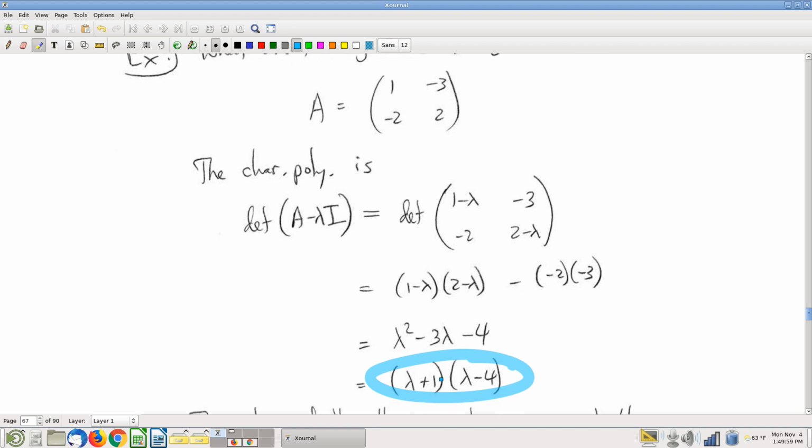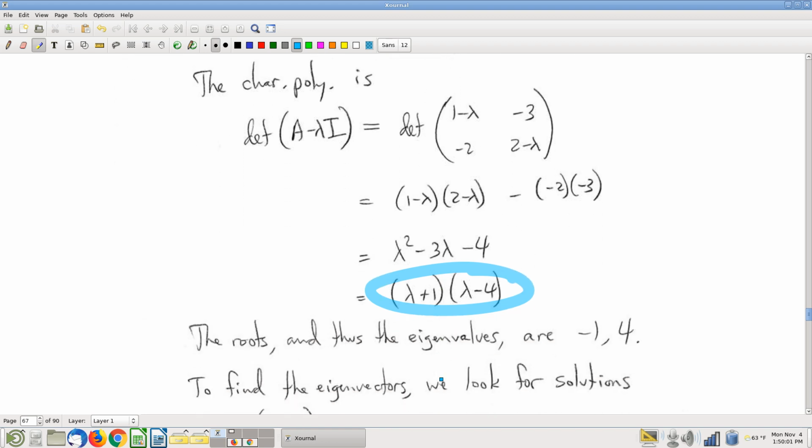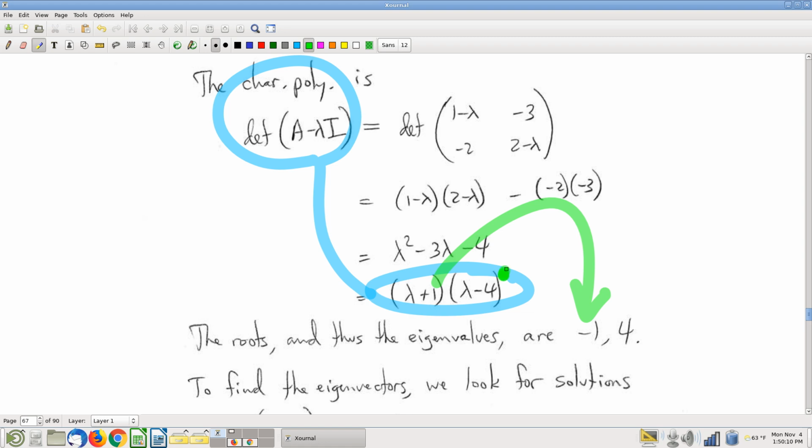But note that with the fully factored characteristic polynomial, it's pretty immediate to infer the roots. And per the discussion on the previous page, the roots of the characteristic polynomial are the eigenvalues of the original matrix. So we're, depending on how you look at it, sort of halfway done. We found the eigenvalues. These are the two eigenvalues.